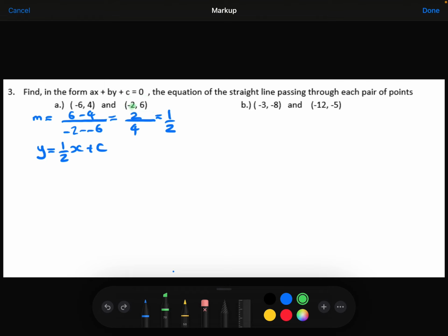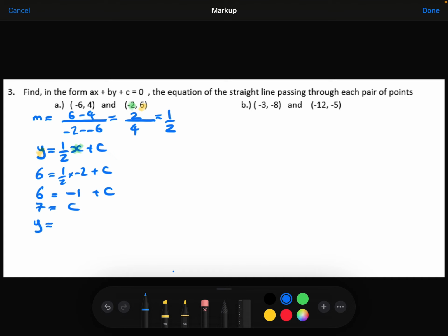So I'm saying that when x is minus 2, y is 6. So 6 equals 1/2 times minus 2 plus c. A half of minus 2 is minus 1. Add the 1 to both sides and we find that c is 7.